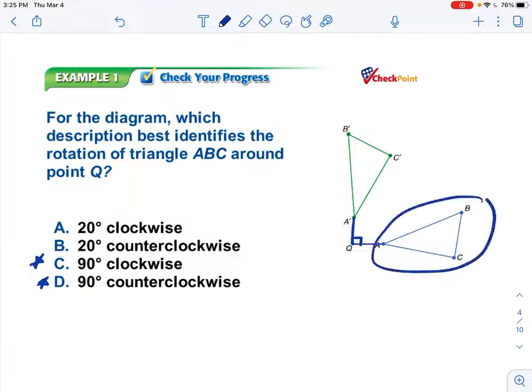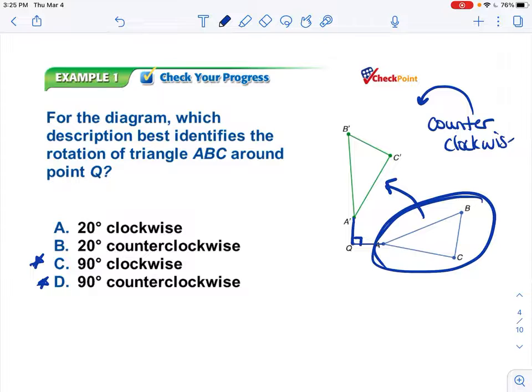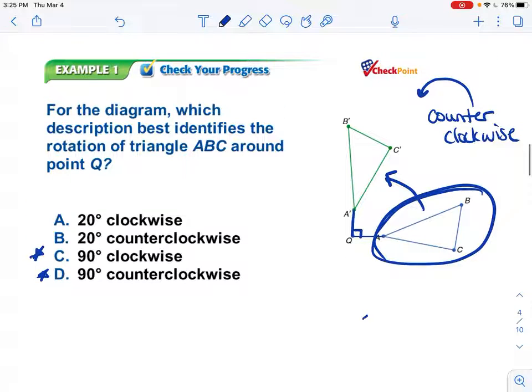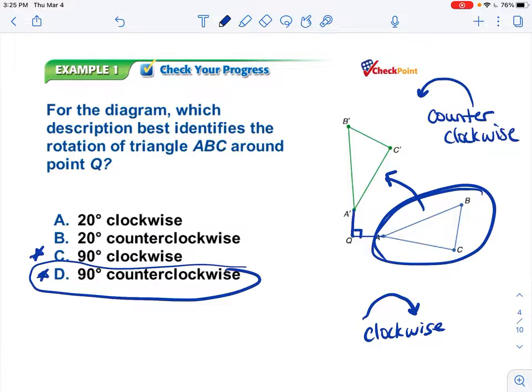We know we go from the normal ABC over to the prime version. So if you look there, this way around is counterclockwise. If you look at a clock, you can tell. And this way around is clockwise. Okay, so this is 90 degrees counterclockwise.